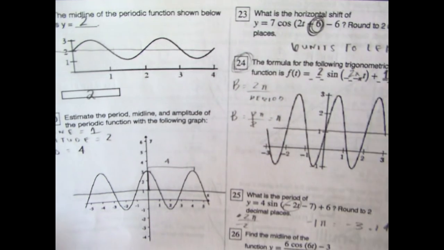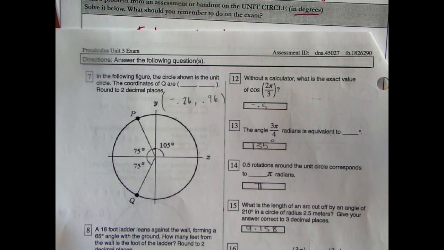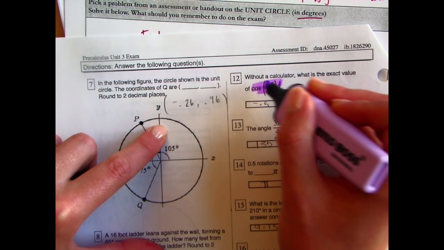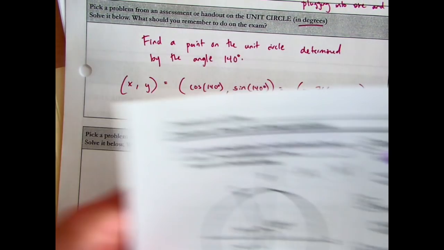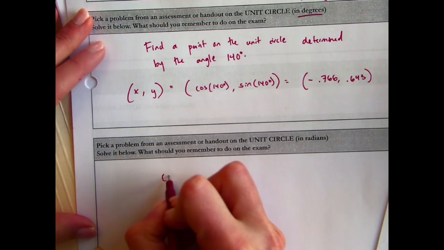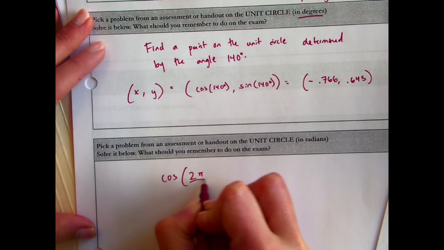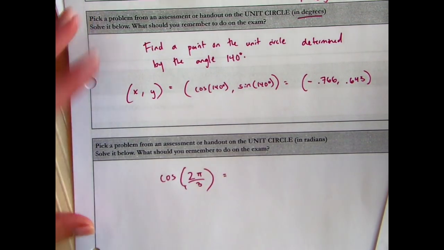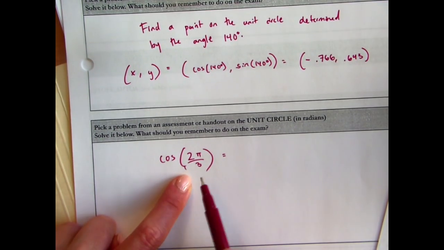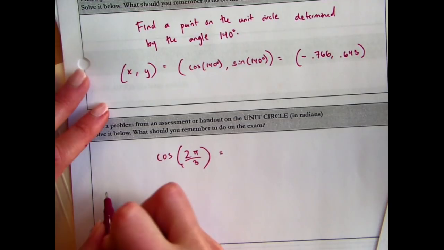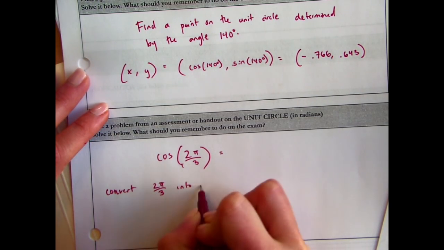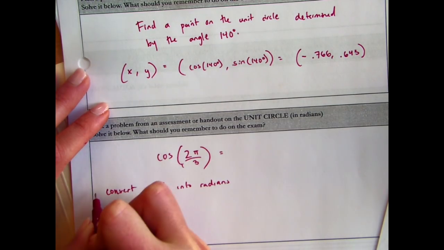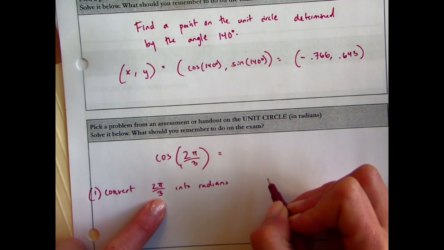I'm going to plug in 2 pi over 3 times 180 over pi, and I'm going to get 360 pi over 3 pi. The pi's cancel out, and 360 divided by 3 is 120 degrees. So now I know what I'm really finding is the cosine of 120 degrees.